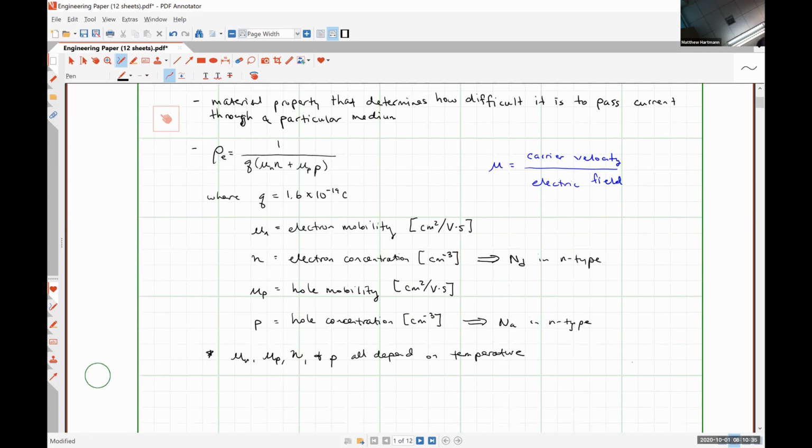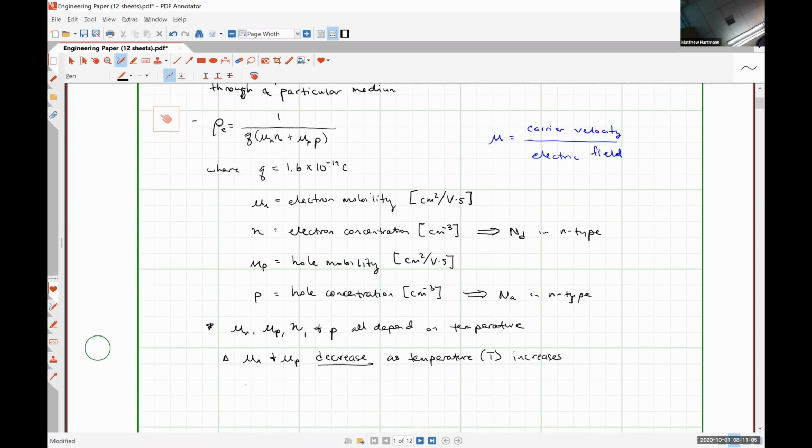What we typically see is that mu n and mu p decrease as temperature T increases, and it's for the exact reasons that were mentioned by Aiden and Grant.